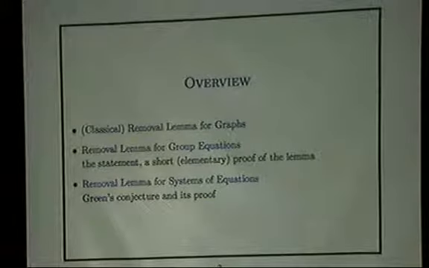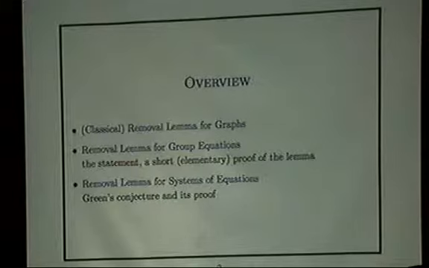So first I would like to recall the statement of the classical graph removal lemma. Then I would like to explain the statement of the removal lemma for group equations as it was proven by Ben Green. And I would like to present a short and, I believe, elementary proof of this lemma from the graph removal lemma.